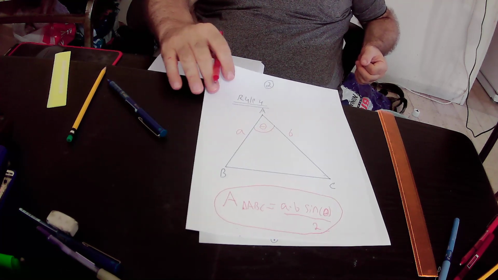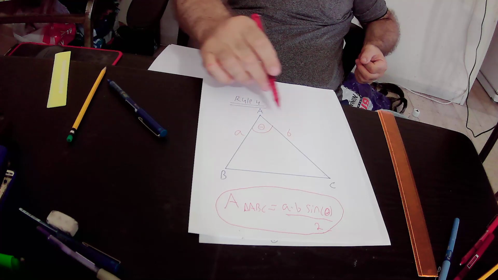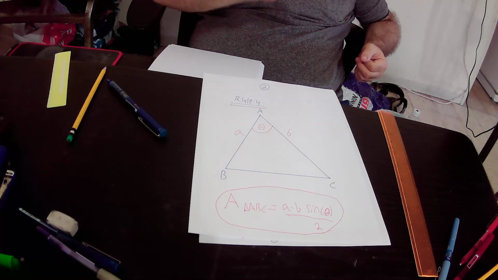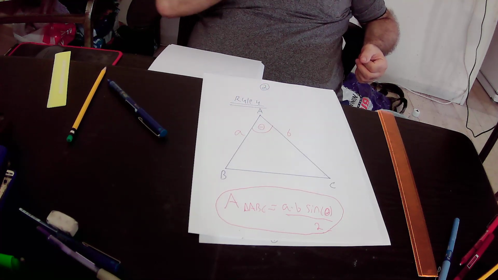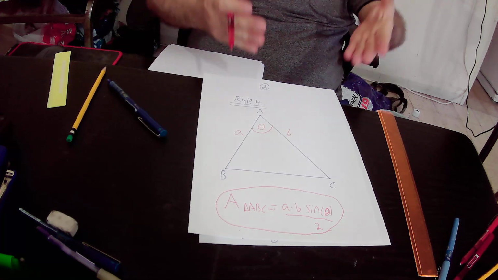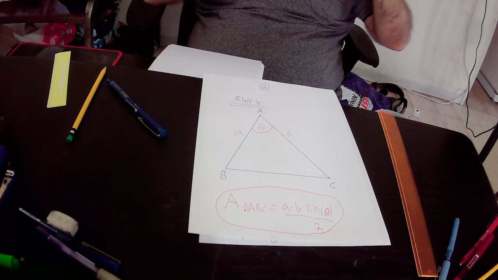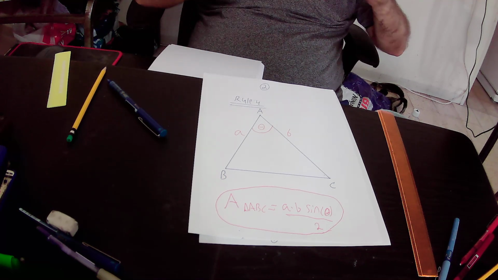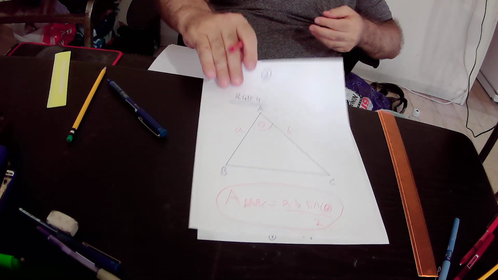So the area of any triangle equals A times B times sine theta over 2 square units. Okay, so we can implement rule number 4 in order to find out the area of our triangle, triangle ABC.